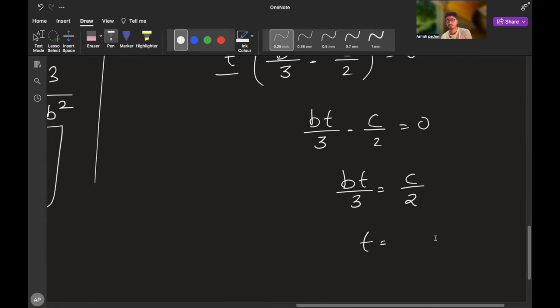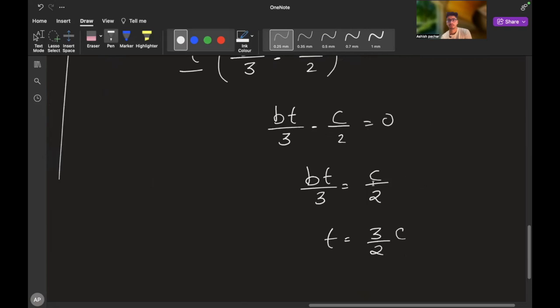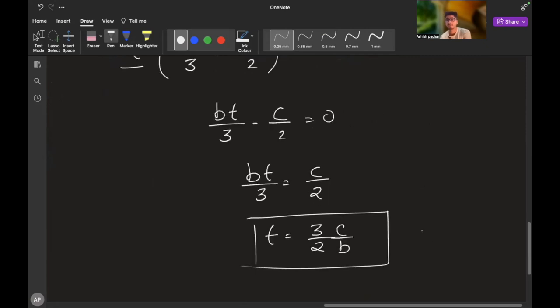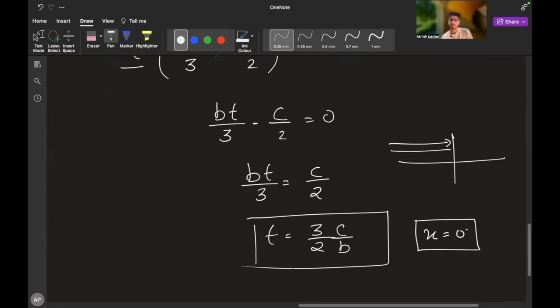Three by 2 c by b. So this is basically the time that comes out where the position is 0, because eventually it goes and comes back to where the position is 0. We have the time 3 by 2 c by b.